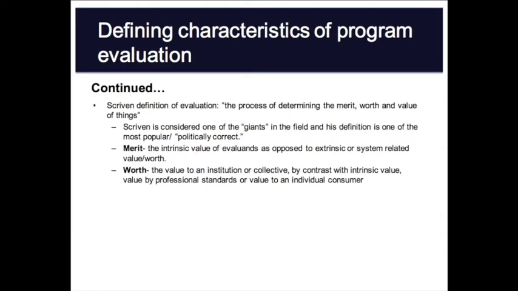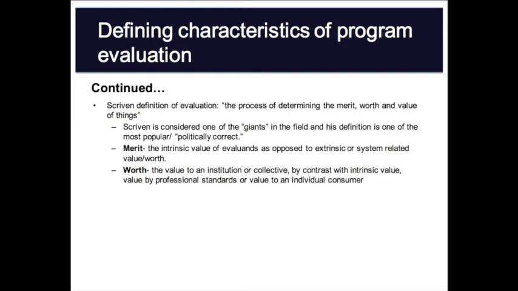Scriven defines evaluation in your book, or the article, the chapter from the book that some of you may have decided to purchase, as the process of determining the merit, worth, and value of things. He's considered, again, one of the giants or gurus in the field, and his definition is one of the most popular and politically correct.